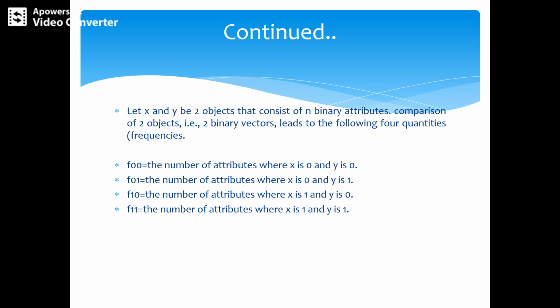And f11 is the number of attributes where x is 1 and y is also 1. So when we compare two objects with n binary attributes, the binary vectors give the four frequencies: f00, f01, f10, f11.